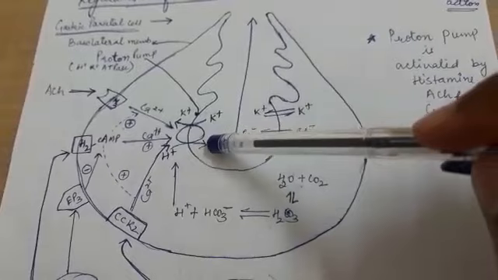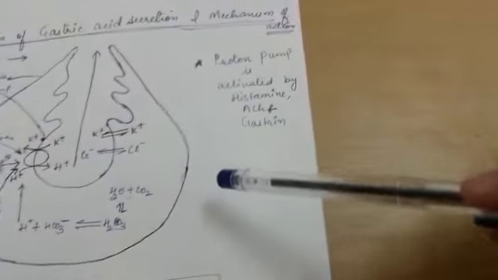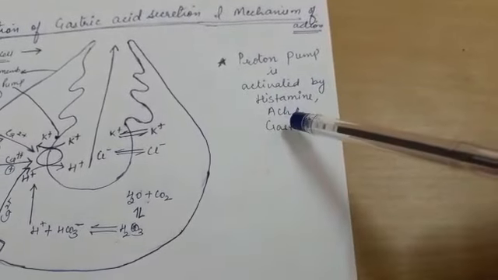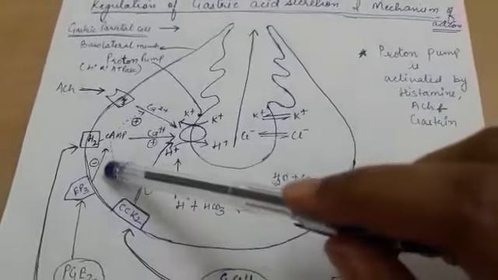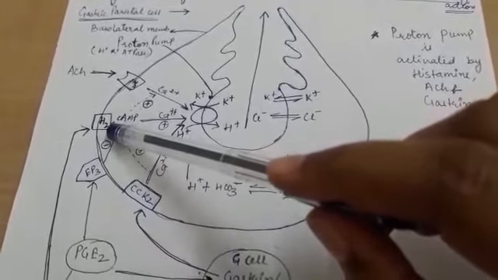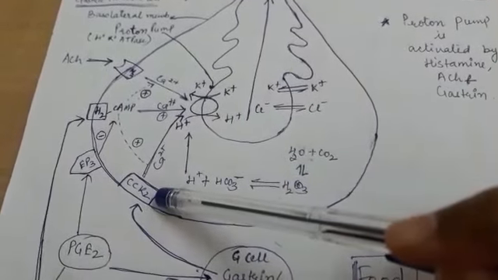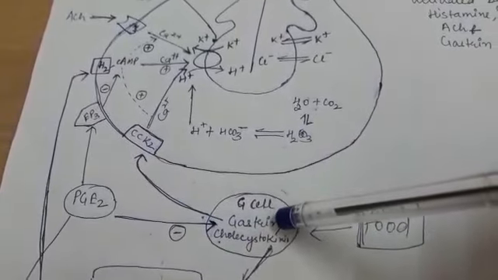Now this proton pump is activated by three main factors: histamine, acetylcholine, and gastrin. Here in this picture you can see this is the H2 receptor, this is the muscarinic receptor, and this is the CCK2 or cholecystokinin receptor through which gastrin is acting.